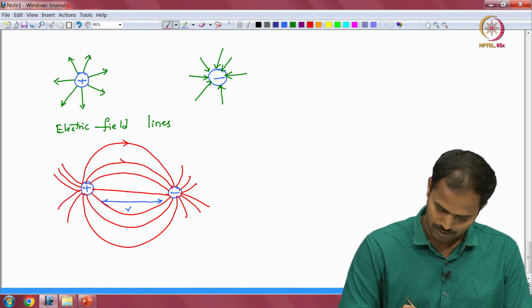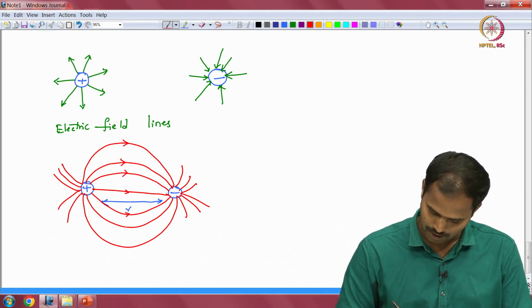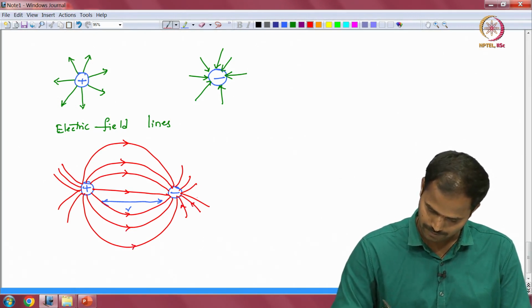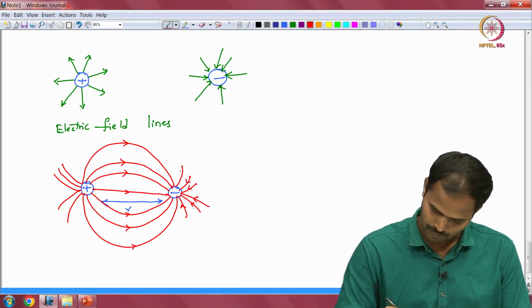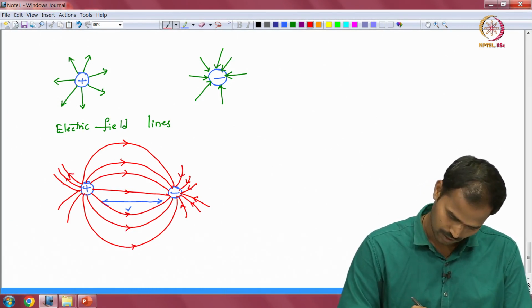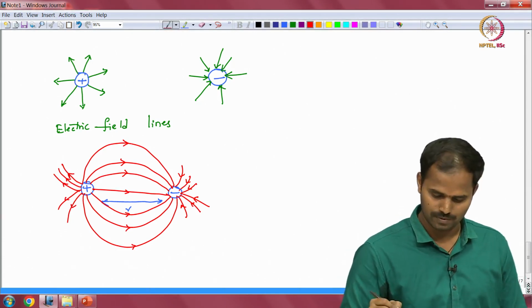Okay. With respect to the positive charge, the direction is outward; with respect to the negative charge, the direction is inward. This is the electric dipole. Okay.